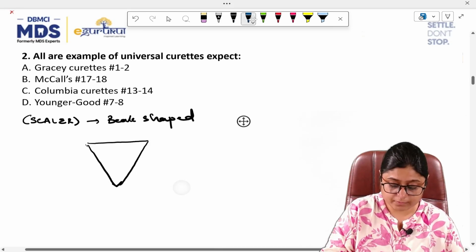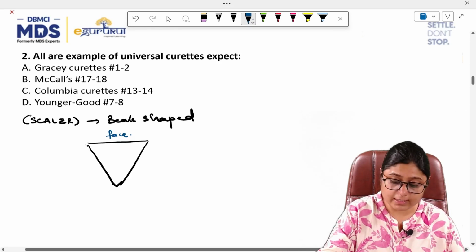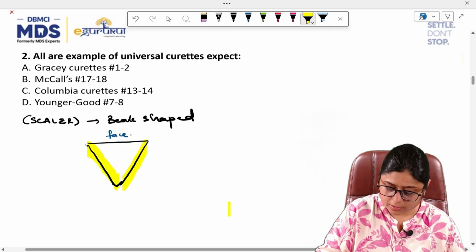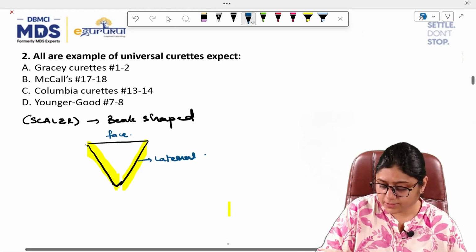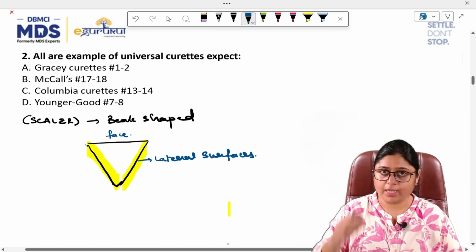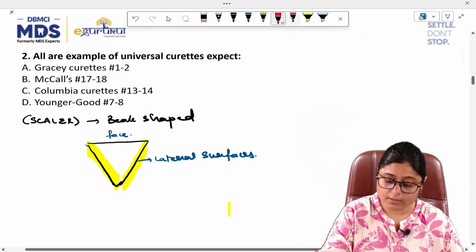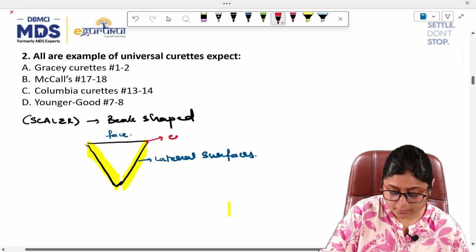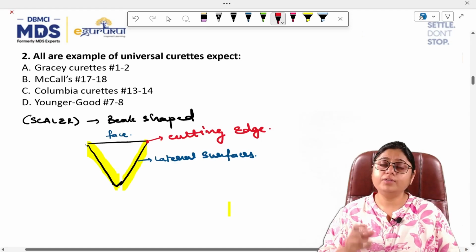These are the lateral surfaces. And at the point where the face and the lateral surfaces meet, this point is called the cutting edge of a scaler.